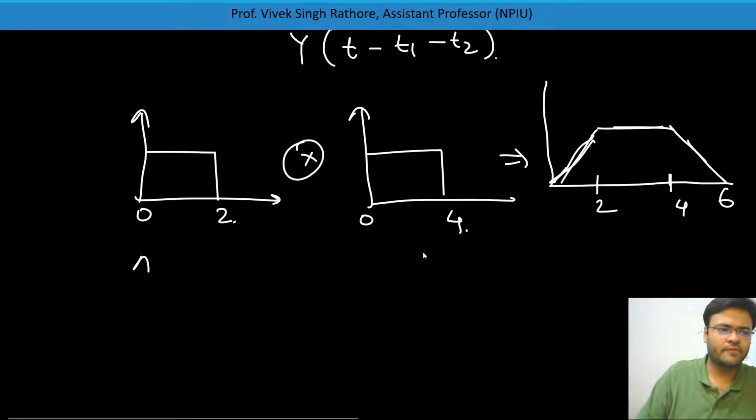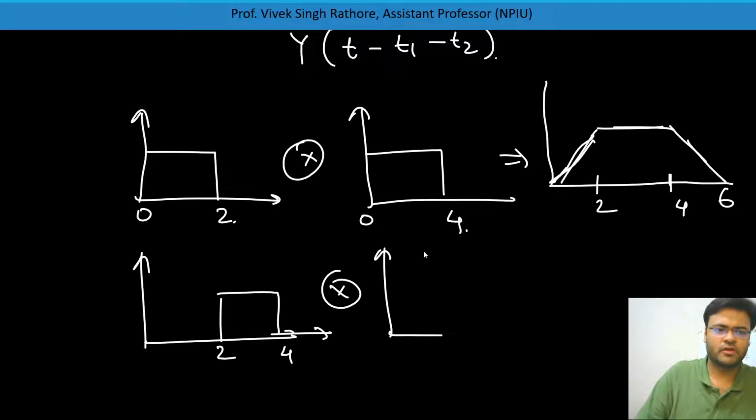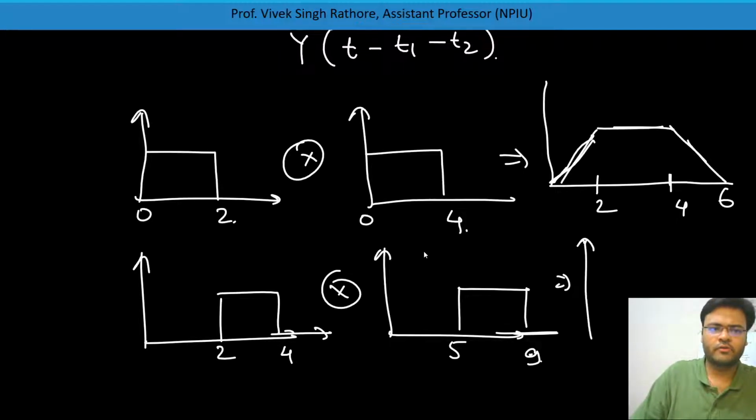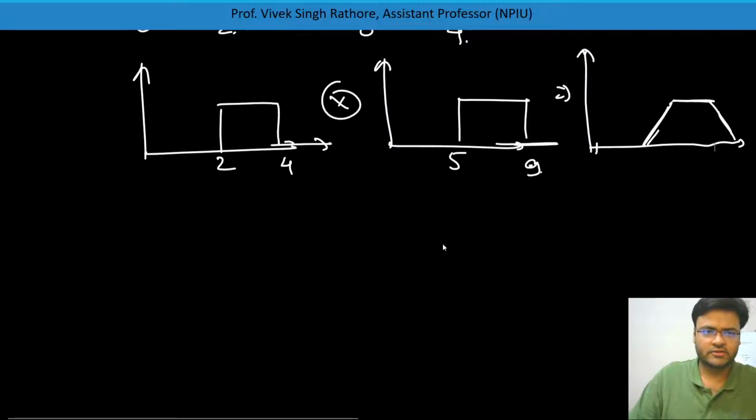But now if we have shifted the signals, let's suppose this one is 2 to 4, convolved with this one, let's suppose 5 to 9, what output will you get? You will get an output that starts at 7. I'll plot it here. It starts at 7.